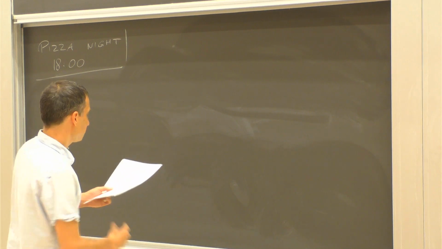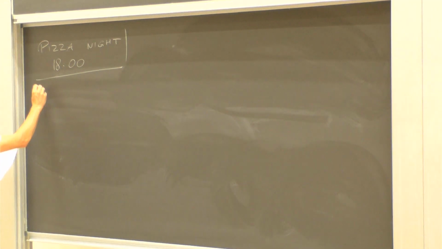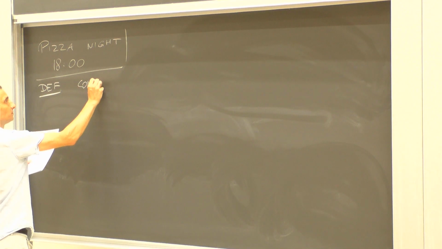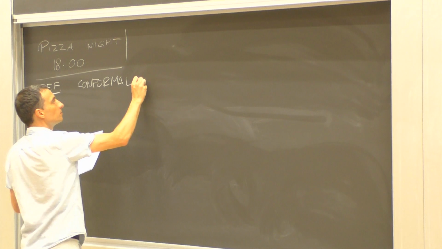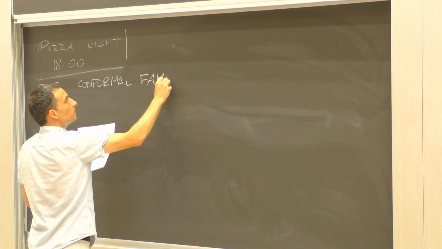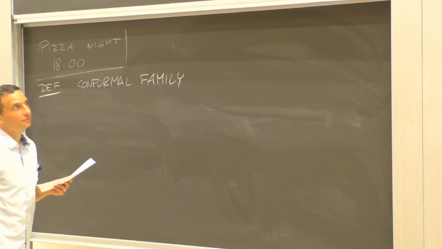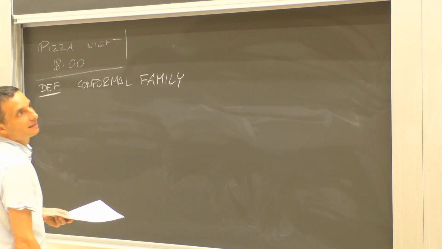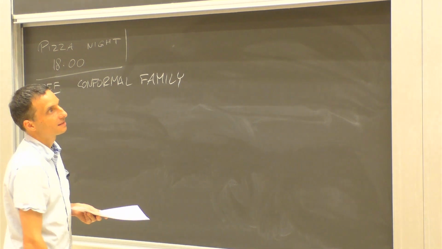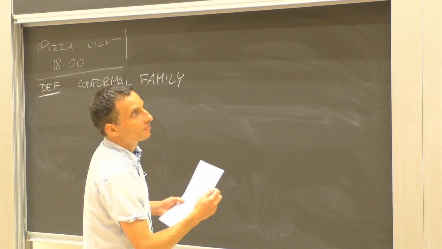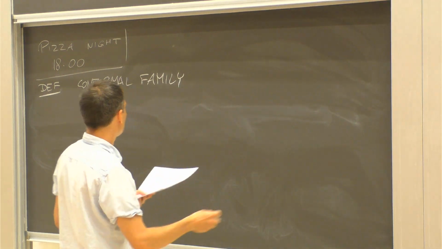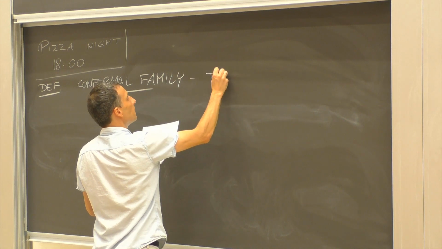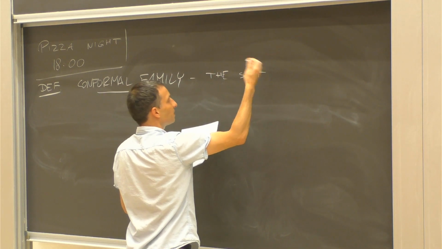Okay, and another name which is often used and is an important notion is that of conformal family. So in a sense, this is the analog of the Verma module. The Verma module was a subspace of Hilbert space formed by all these descendant states, and the conformal family is an analogous object, but in the language of fields.